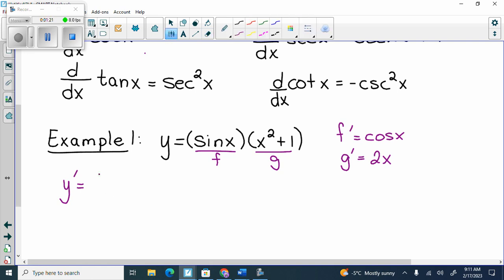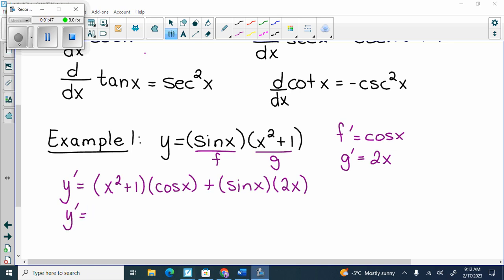G times f prime plus f times g prime. You can stop there, or they could go further in your textbook.